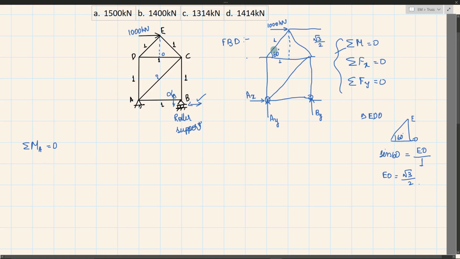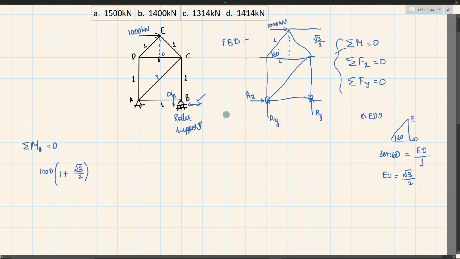This 1000 kilonewton tends to rotate the body in clockwise direction with respect to this point, right? So I have plus 1000 here. Clockwise rotation is always considered as positive. I can also take it as negative, but we'll have to be consistent throughout the problem, right? So I have 1000 into the perpendicular distance 1 plus root 3 by 2.